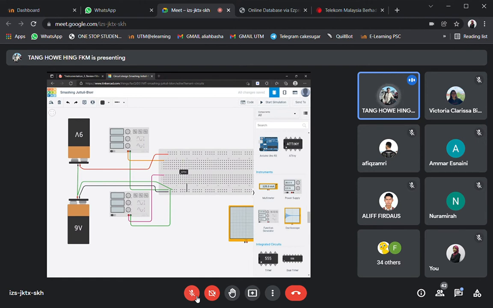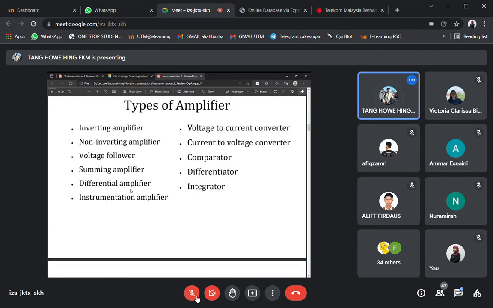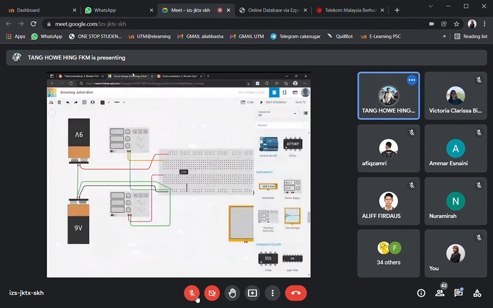I think if I'm not mistaken, 7 is the positive power supply. Let me check. LM741, pin number 7, yeah. Pin number 7 is positive power supply. So pin number 7, I connect to the positive power supply.